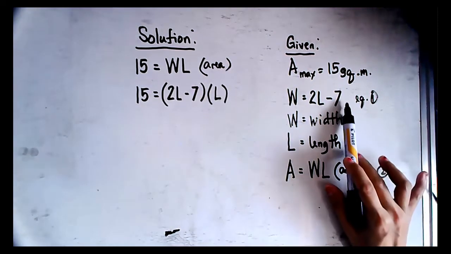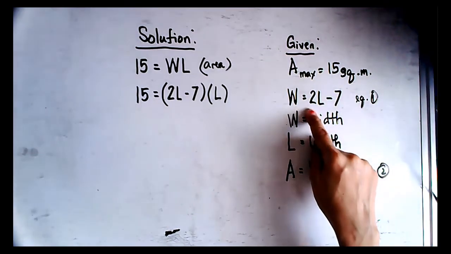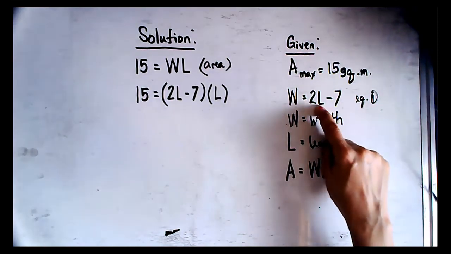Again, going back into our worded problem, the first condition is that the maximum area should not be more than 15 square meters. The second condition is that the width of the rectangular floor should be 7 meters less than 2 times the length.